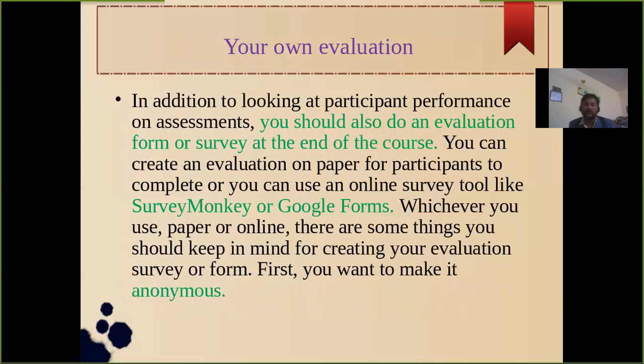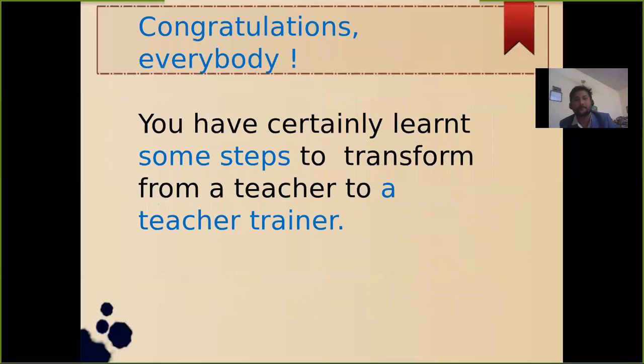For example, we can create an evaluation paper for participants to complete, or we can use an online survey like SurveyMonkey or Google Forms. Whichever we use, we have to make it anonymous. Anonymously, we have to collect the evaluation and the feedback.